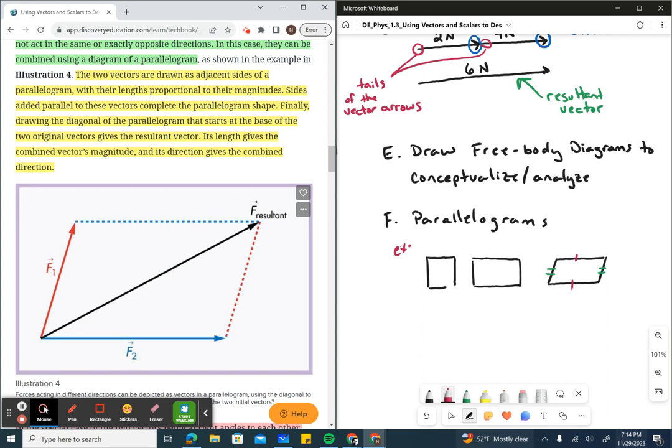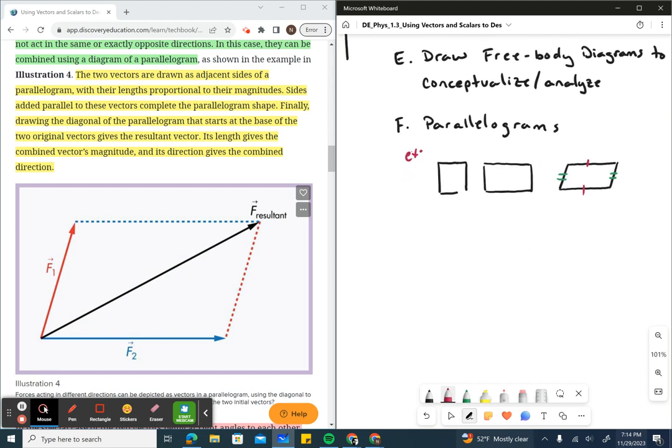Okay, so let's draw this as another example. If this was example 1, let's write down example number 2. Let's say that we have a force, force number 1. This is F1, and that's a vector quantity.